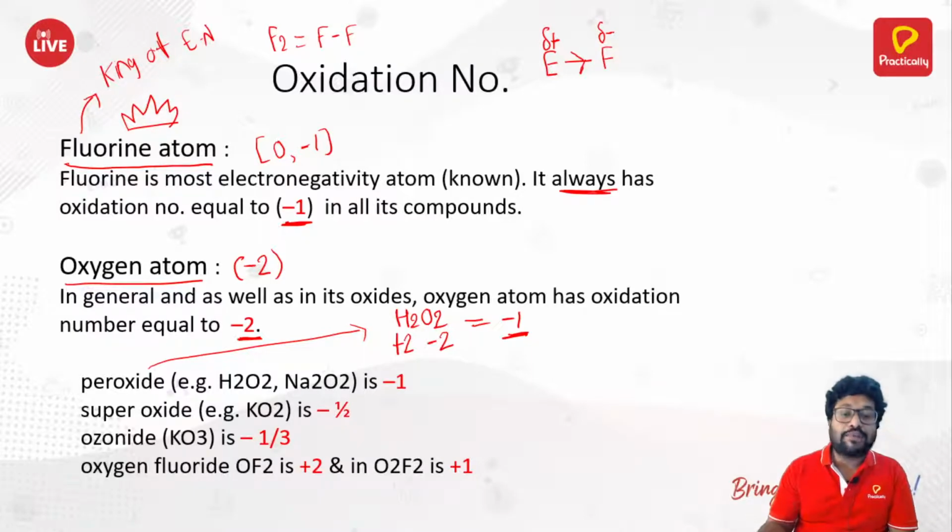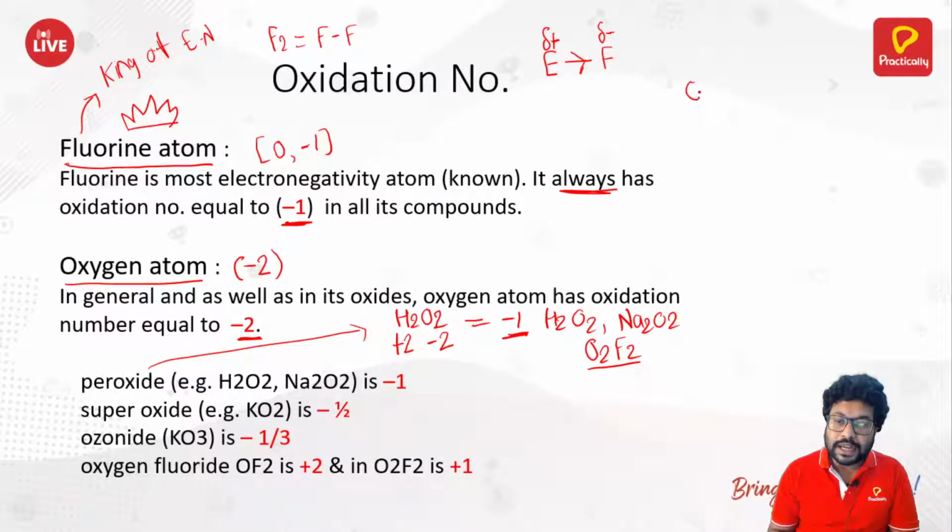And there are different types of peroxide. This is not the only peroxide. You have H2O2, then Na2O2, then O2F2. All of these are peroxides. Whenever you have something like O2 2-, it is called peroxide.